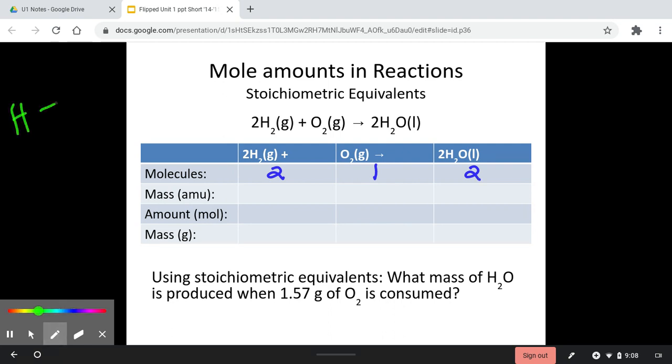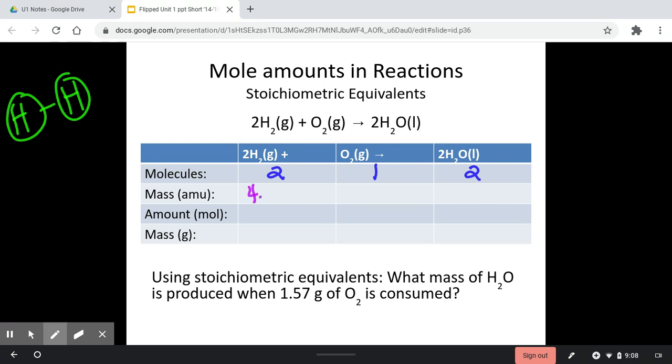Mass in AMU, I would have 2 hydrogens, 1.008 times 2. So my molecule of hydrogen, connected to hydrogen, is going to weigh 2.016 AMU. And then I have 2 of those. So I actually have 4.023 AMUs of hydrogen.